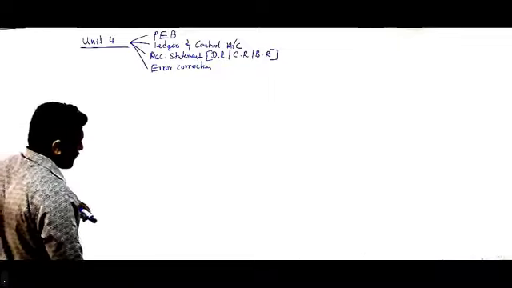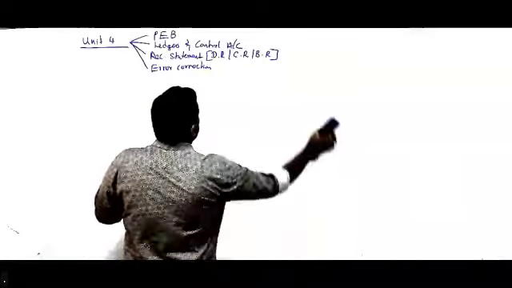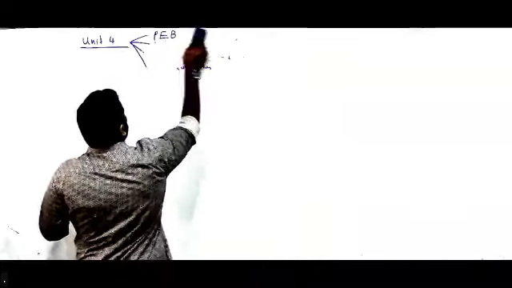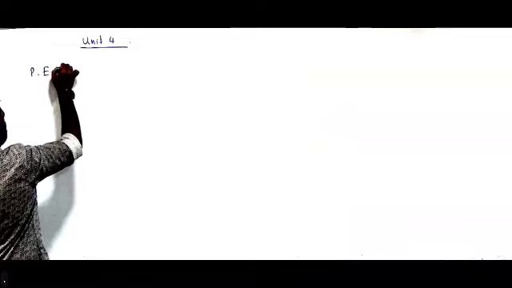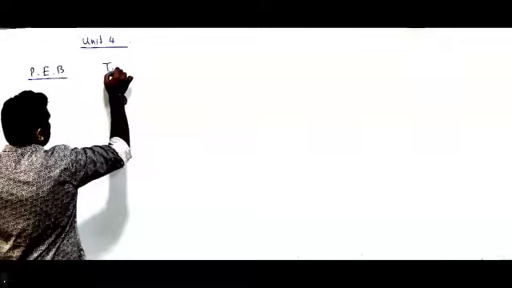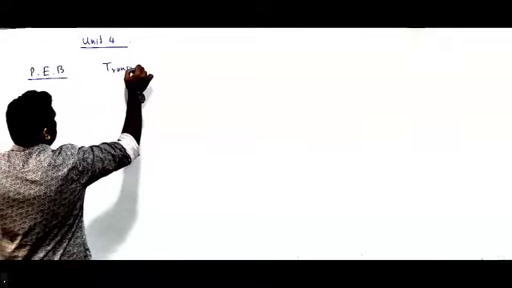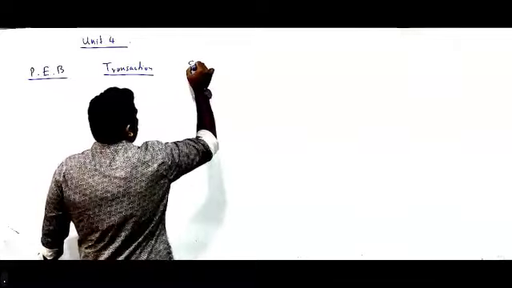So we'll start with the first area, which is the prime entry books. So you put down this table: prime entry book, transaction, and the source document.